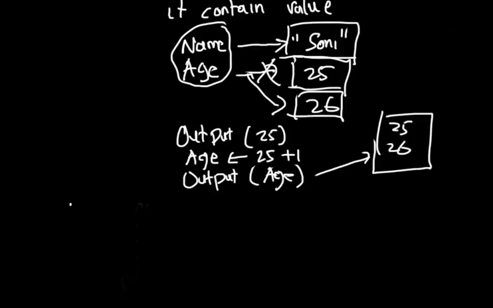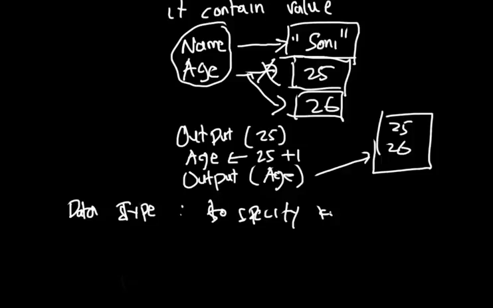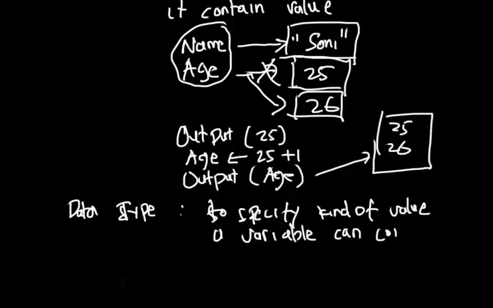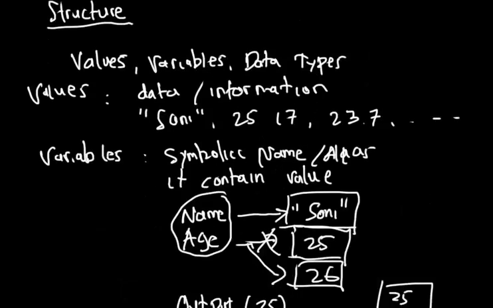The third thing is data type. What is data type? Data type is used to specify what kind of value a variable can contain. Okay, if you look at the previous example, these values are actually different.